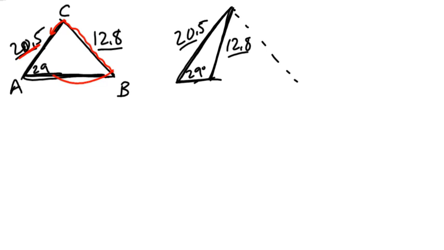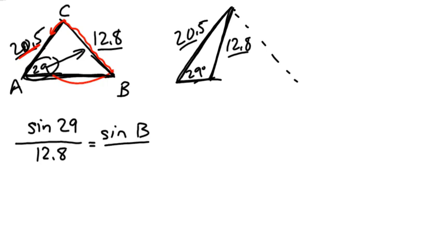So now we solve it. What does that mean to solve it? Well, let's find angle B. We have our angle side. So sine of 29 over 12.8 will equal sine of B over side B, which is our 20.5.